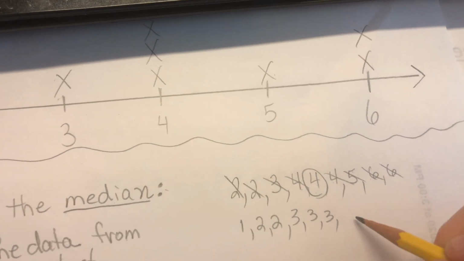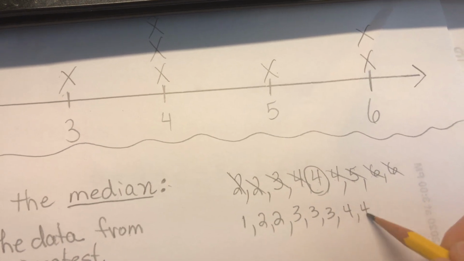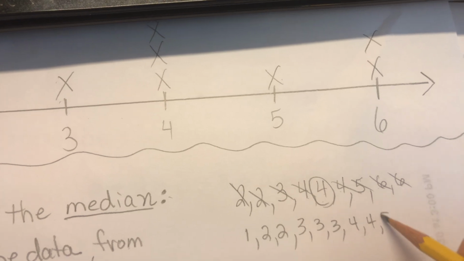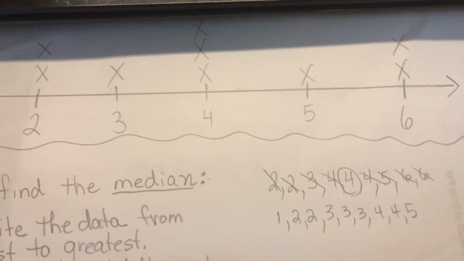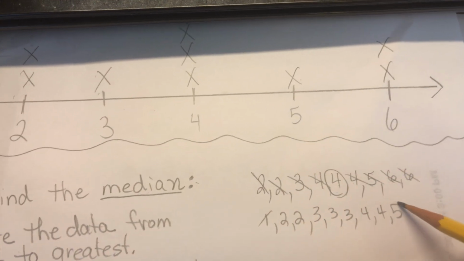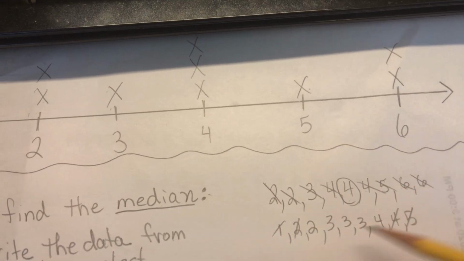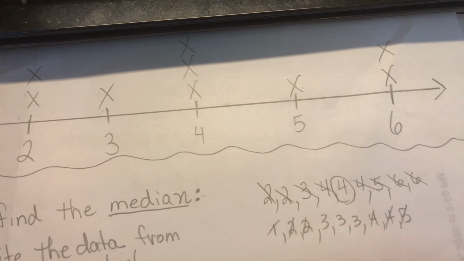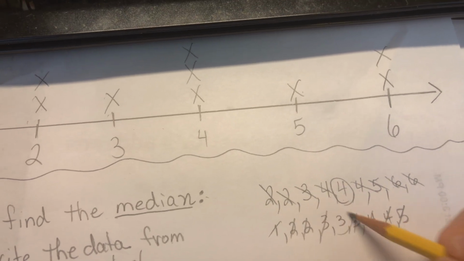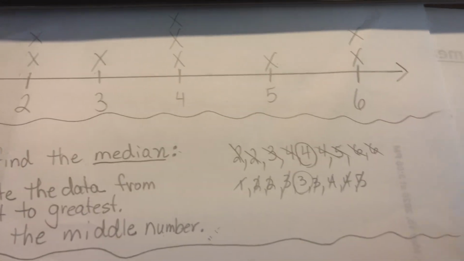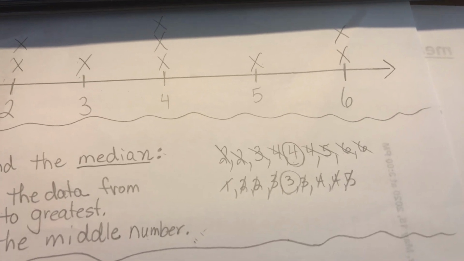And 2 people said 4, so I'm going to put a 4 and a 4. And 1 person said 5, so I put 1, 5. So you match it up again. 1 from the left, 1 from the right. Another one from the left, another one from the right. Left, right. 3 is our median for this particular data set. Okay?